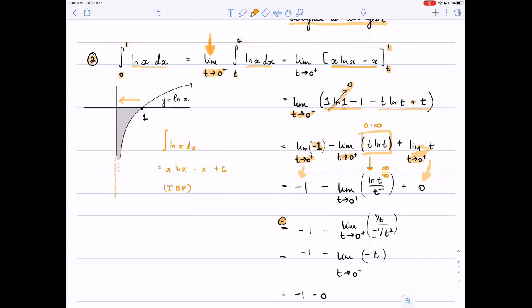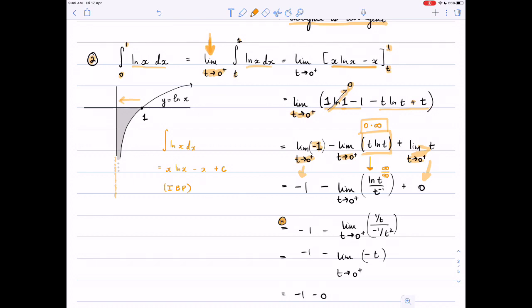L'Hopital's rule is a good one to review if you need to look back, and especially these forms which are not the basic ones. The more advanced indeterminate forms require a transformation before using L'Hopital's rule. So now is a good time to go back and review some of your procedures for that.